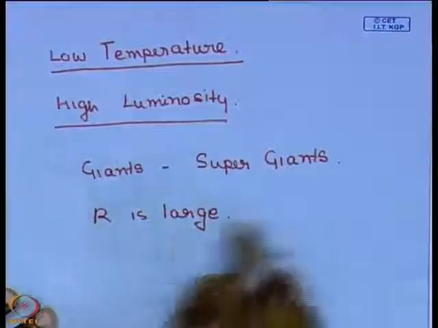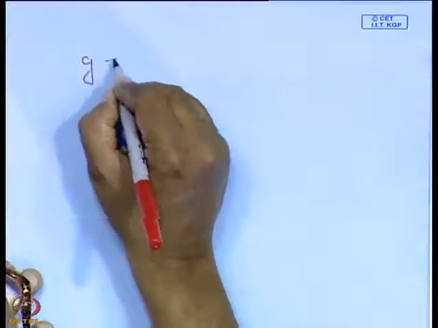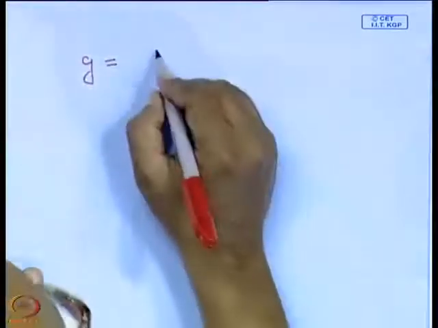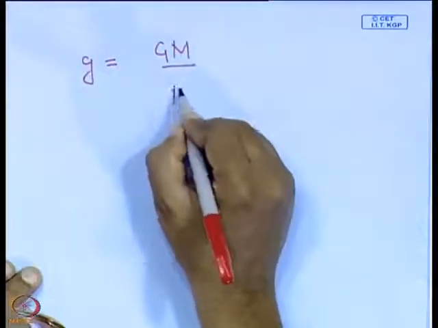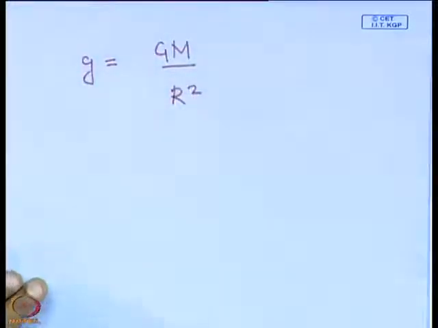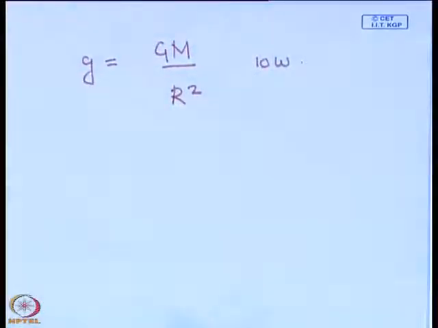Okay, so these giant stars have a large radius, and as a consequence of that, their surface acceleration or surface gravity, which is g, G times the mass of the star divided by r square, is relatively low. So these are not extremely massive stars, they are stars of typical mass like the sun or maybe somewhere around there, whose radius has increased.